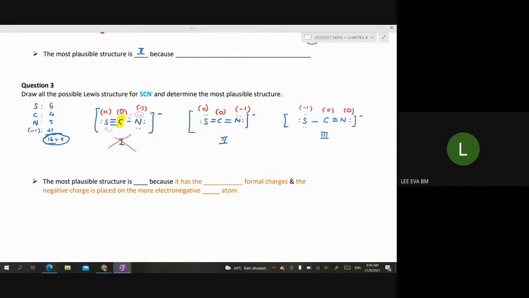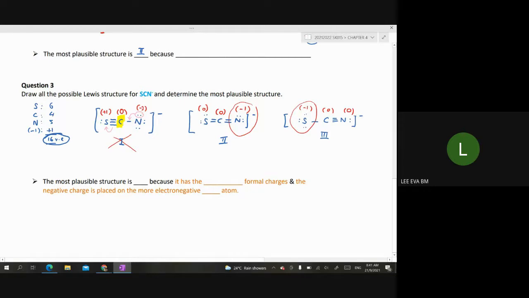So of the 3 atoms, only one has -1 formal charge. But now you have to look at who is holding the negative charge because both of these structures have lower formal charge. Then we have to determine that the more electronegative atom should be the one holding the negative formal charge. So which one is preferred, 2 or 3?